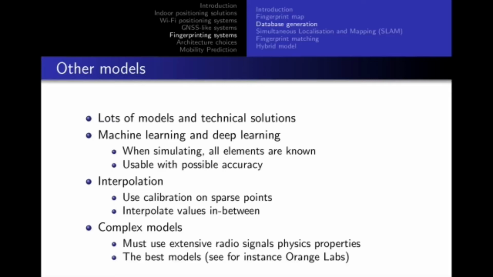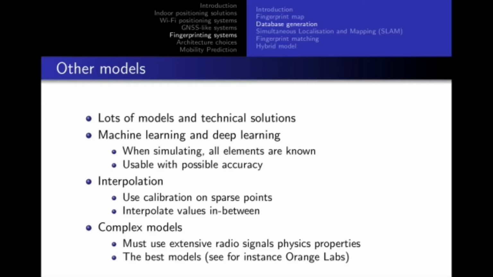And when you simulate, since all the elements are known, you have the same type of data as the learning data that you used before. You can use calibration and interpolation too. So you use calibration on sparse points and you interpolate values in between.